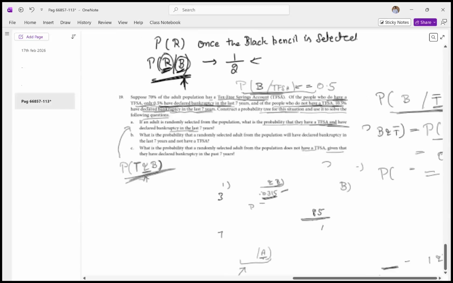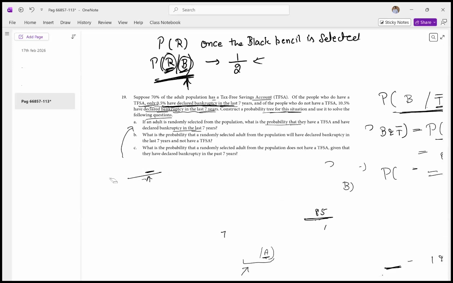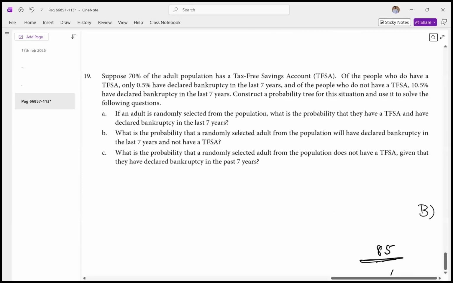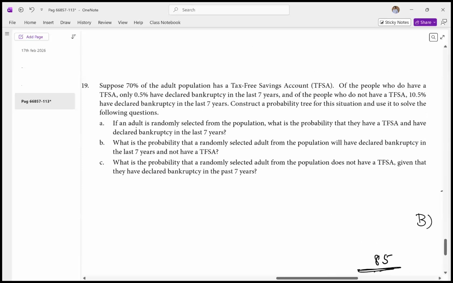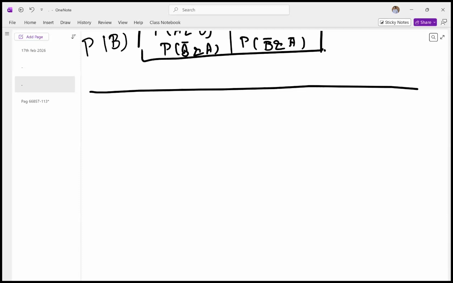This is the question which I'm going to do, so you can take a screenshot and keep it with you so that you can read through this question. Let me just make it a little bigger. This is the question. So pause the video and you can read this question. All right, so I'm going to go to what I was doing.